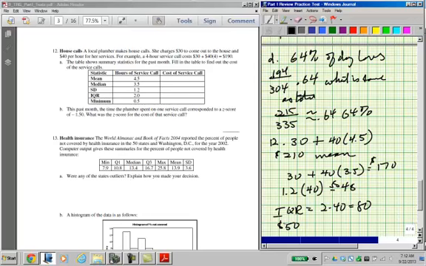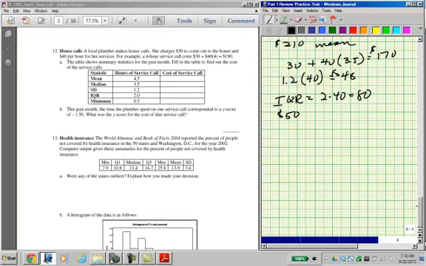Now, here they're trying to throw you for a loop. The past month, the time the plumber spent on one service call corresponded to a z-score of negative 1.5. What is the z-score of the cost of that service call? B. It is negative 1.5. Okay, z-scores are totally unaffected by any adjustments you make to the data.